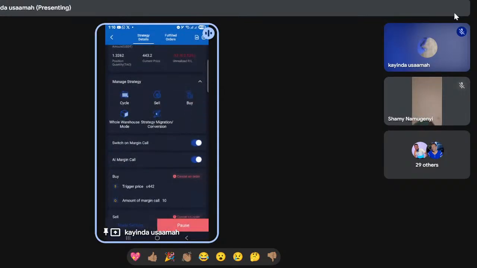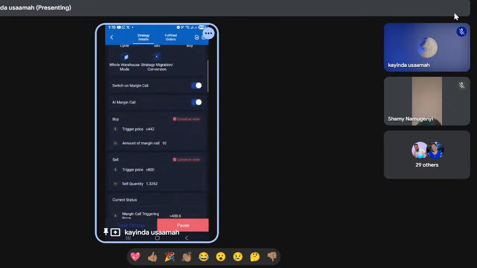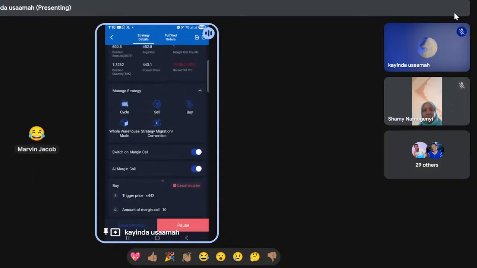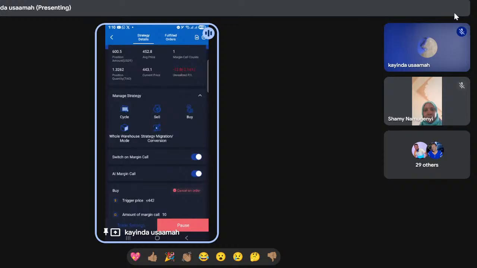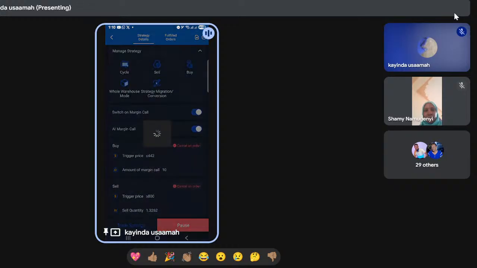The robot will follow a new order. It will not wait for the margin call and the AI margin call. Now this is the order from above. I've told my robot, if the coin comes to this price, buy. Okay, let me put the real price.